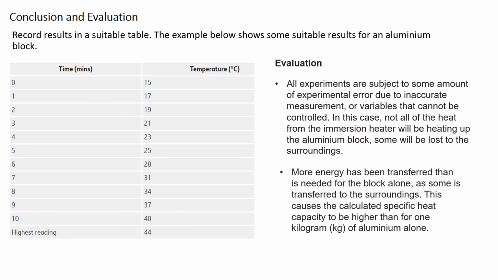So more energy has to be transferred than is needed for the block alone, as some of it is transferred to its surroundings. Now think back, energy cannot be created or destroyed. It can only be transferred. So that energy has had to go somewhere. And this causes the calculated specific heat capacity to be higher than the 1 kilogram of aluminium alone. Okay?